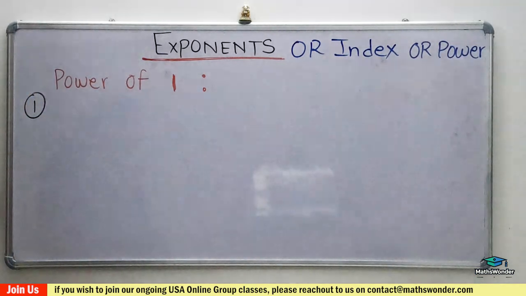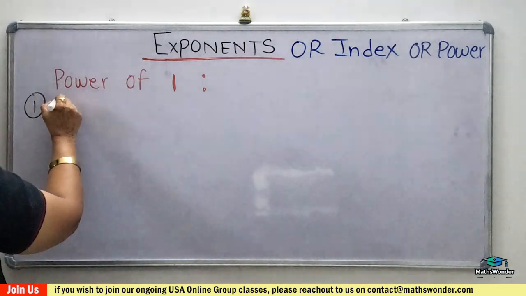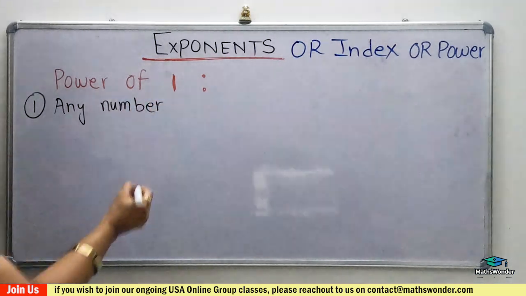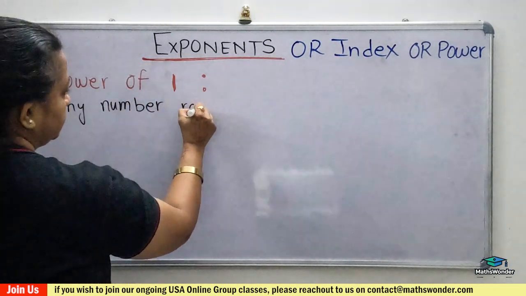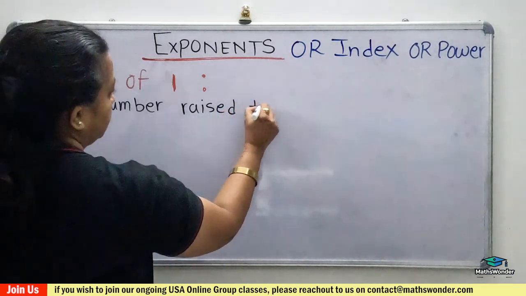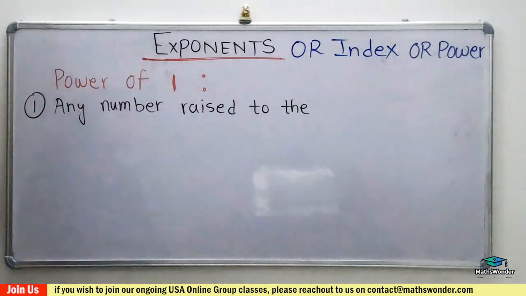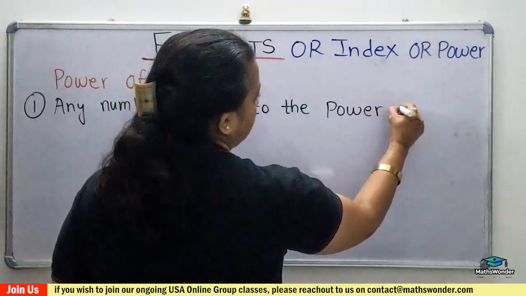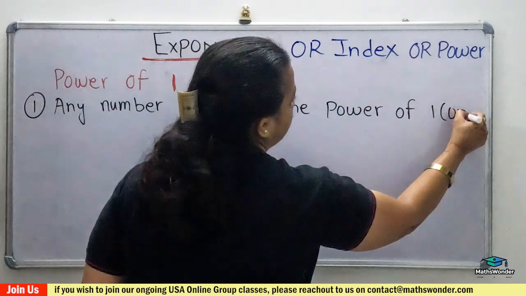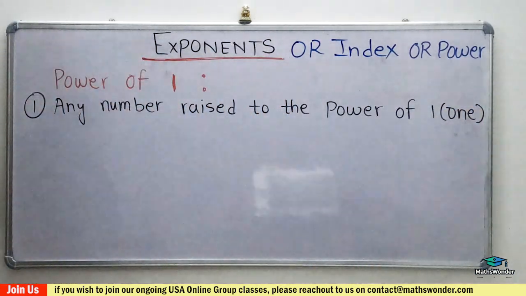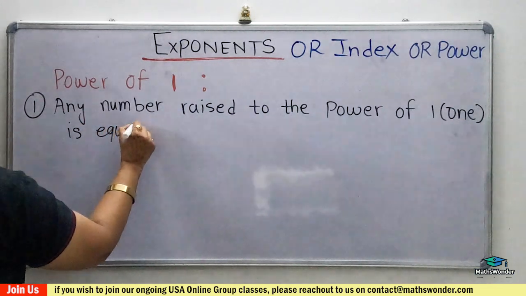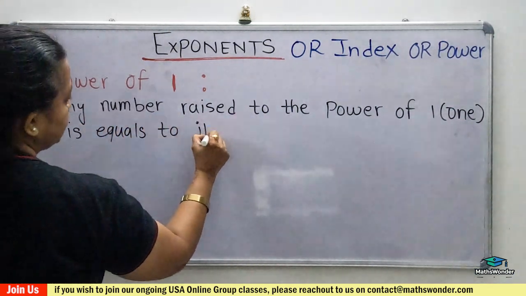First is any number raised to the power of 1 is equal to itself.